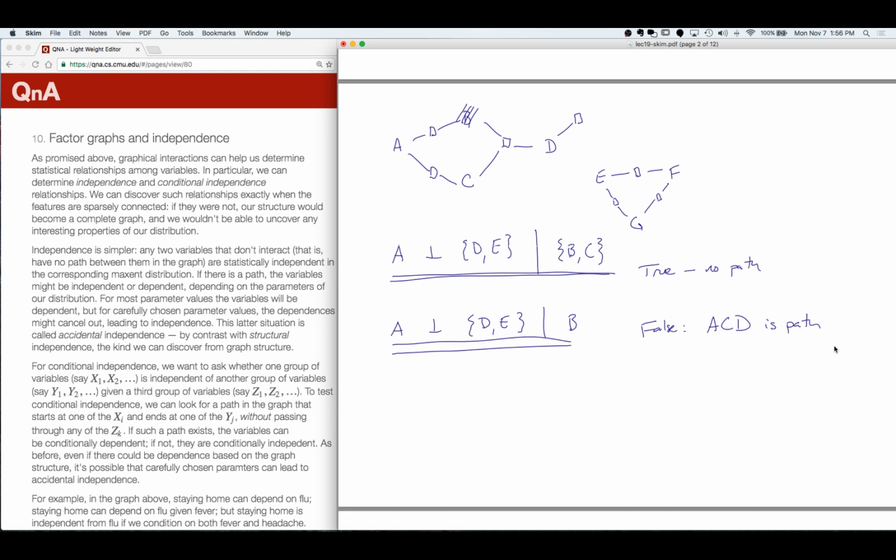And the sparser your graph, the fewer edges there are in your graph, the more independence and conditional independence relationships we're asserting, and therefore the simpler our distribution is, the fewer parameters we're going to need to describe it. And that's good because few parameters means that we don't need all that much data to estimate the distribution.